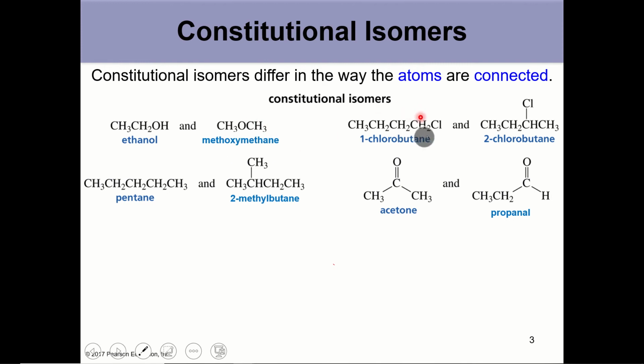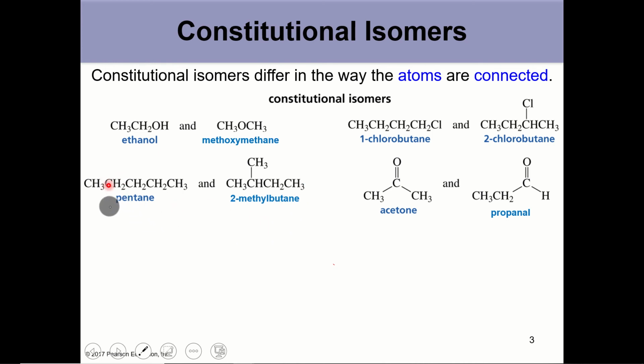The other constitutional isomers provided are, for example, different location for a chlorine. Chlorine is located at a different atom. So 1-chlorobutane versus 2-chlorobutane. They have the same chemical formula, but the chlorine is connected at a different position of the butane. And then we have pentane and 2-methylbutane.